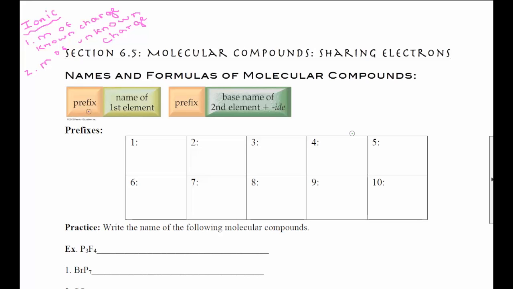You start with the first atom that shows up in the formula, include a prefix to tell you the number of that specific atom, and then put the name of the element. For the second atom, you provide a prefix for the number of that atom and add the name of the second element with an IDE ending. This is the same thing we did with ionic compounds.